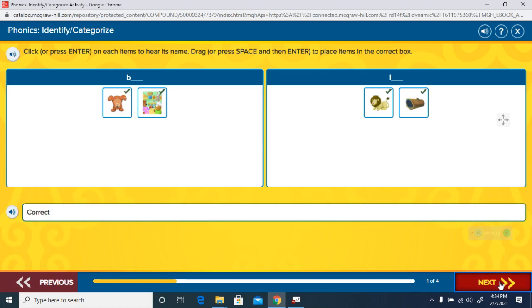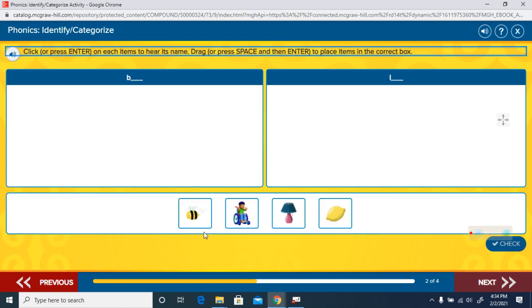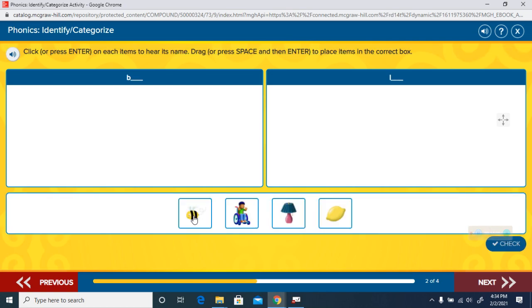Fantastic. Here is the next one. Bee. B makes a B at the beginning of it, so it goes on this side. Boy. What sound does boy begin with? Boy begins with the B sound, so it goes on this side. Lamp.